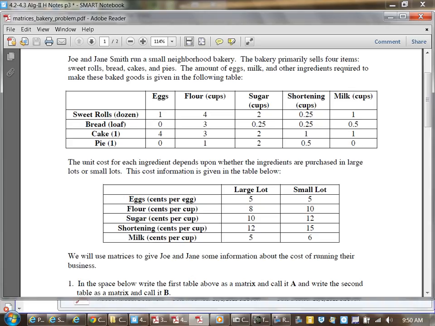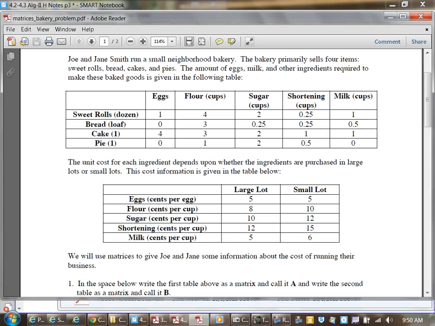So here's what we have. Mr. and Mrs. Smith have a small neighborhood bakery. You guys are probably all freaking out thinking it's going to be a constraint problem right now. The bakery basically sells sweet rolls, bread, cakes, and pies. The amount of eggs, milk, and other ingredients required to make these baked goods is given in the following table.